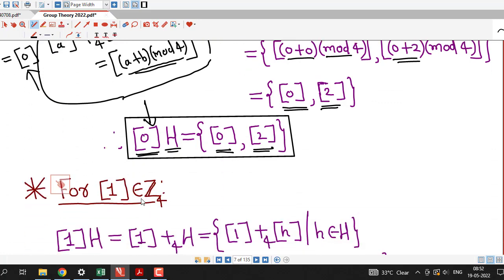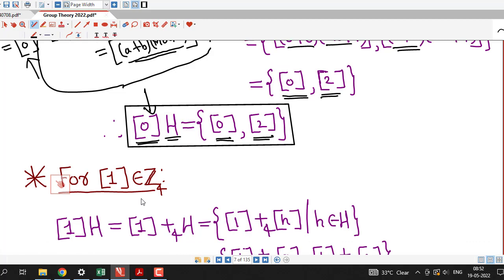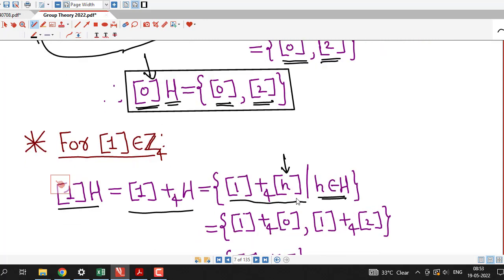By definition, we can write this as equivalence class 1 addition modulo 4 H, and we collect elements of the type 1 plus h addition modulo 4, where h belongs to H. So first we take h equal to 0 and then h equal to 2.